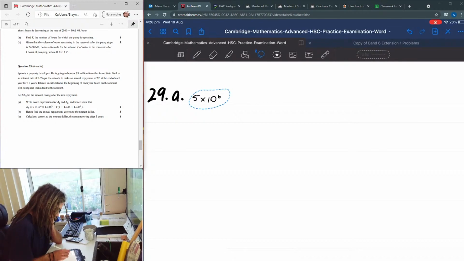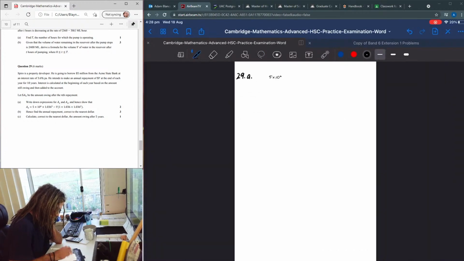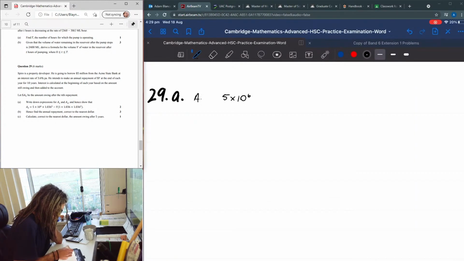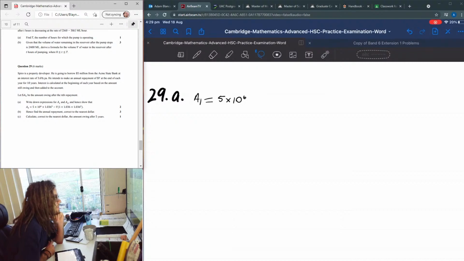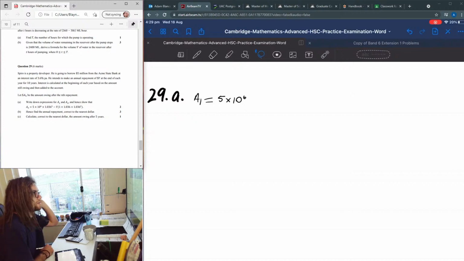Let me start with A1. Okay, so he starts with that. Then what happens to it? It has an interest rate of 3.6% per annum, and he's making annual repayments. So I don't have to change anything. There's no monthly stuff here. That's kind of cool.